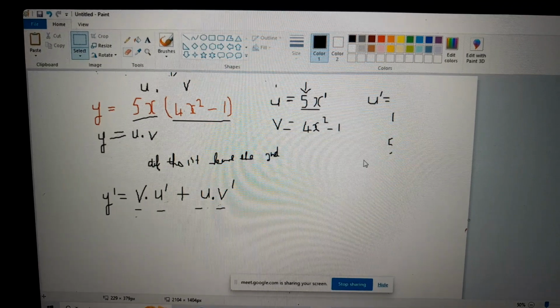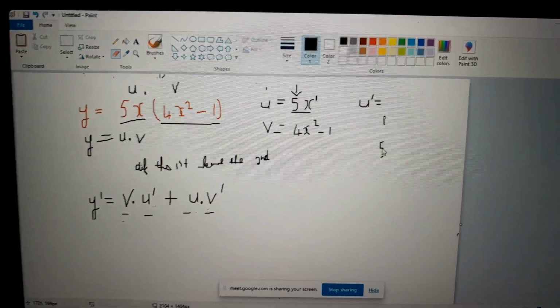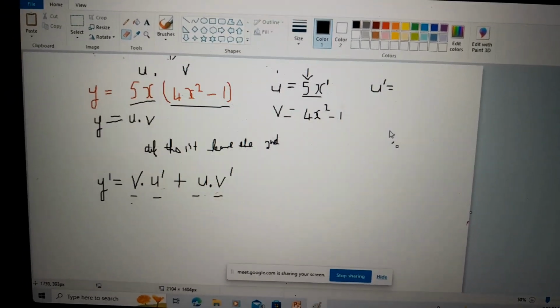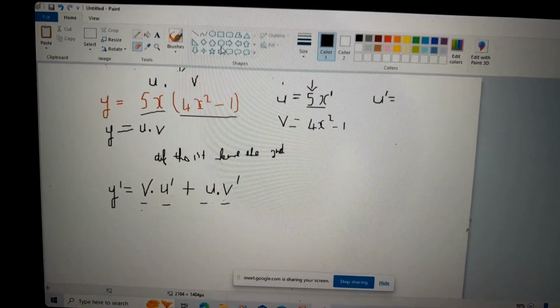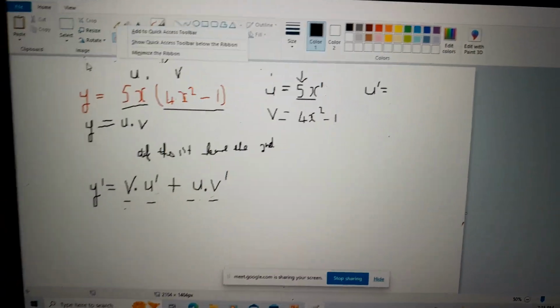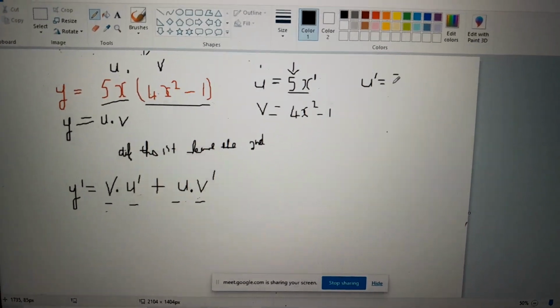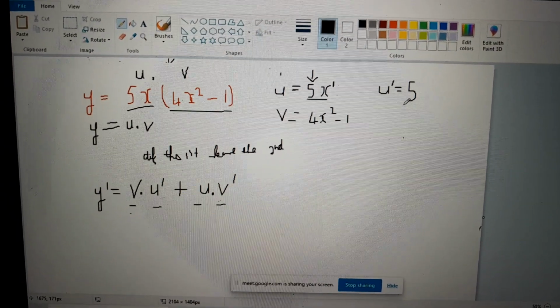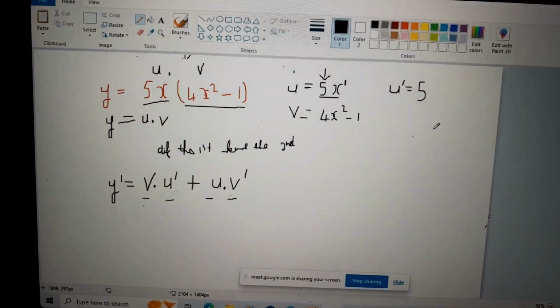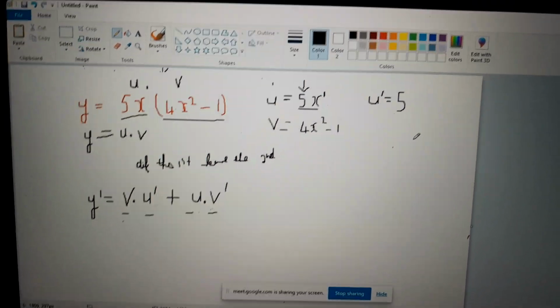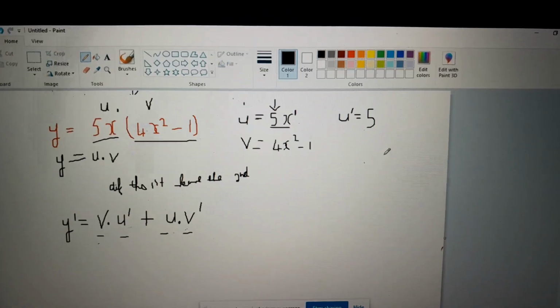If we have 6x and we find the derivative of 6x, what will it be? 6, sir. 6, yeah. So the derivative of 5x is actually 5. Are we good so far?